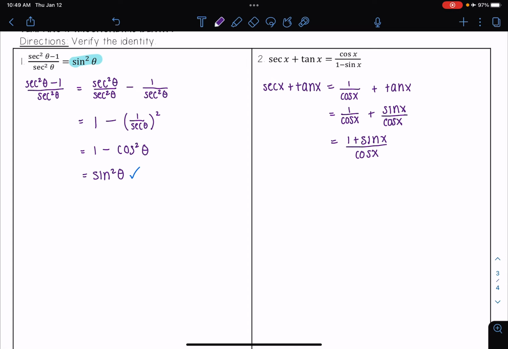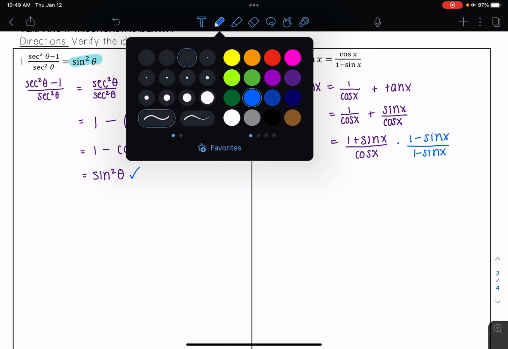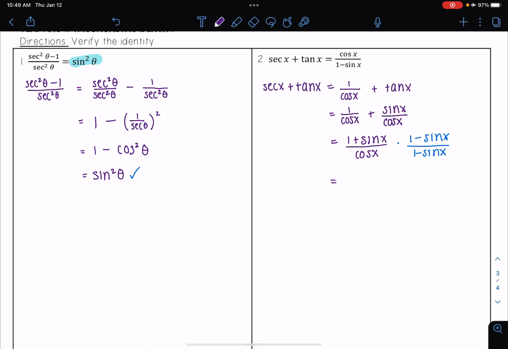One way you can do that is to multiply top and bottom by 1 minus sine of x. I'm allowed to do that because I'm doing it to the top and to the bottom. When I do that, I have 1 plus sine of x times 1 minus sine of x over cosine of x times 1 minus sine of x.